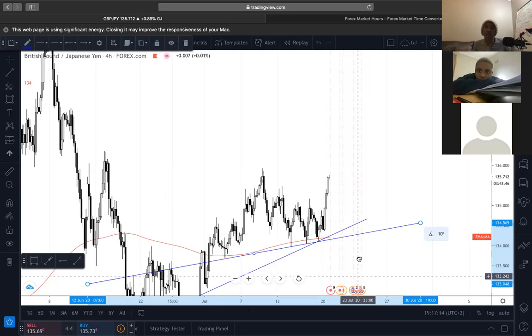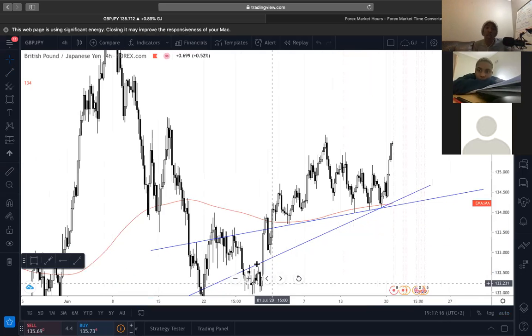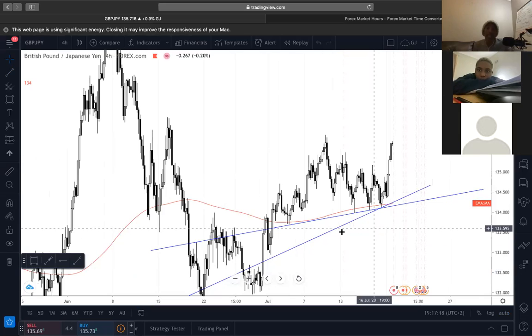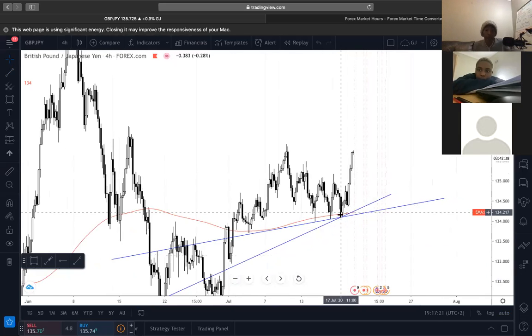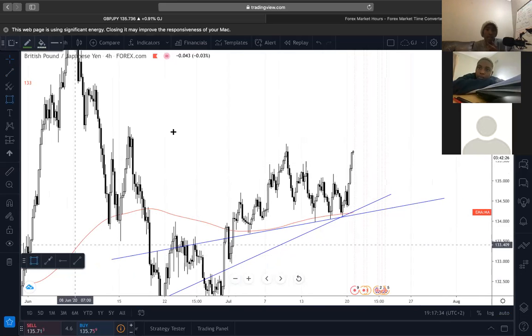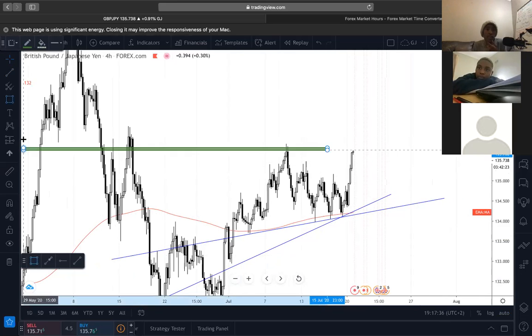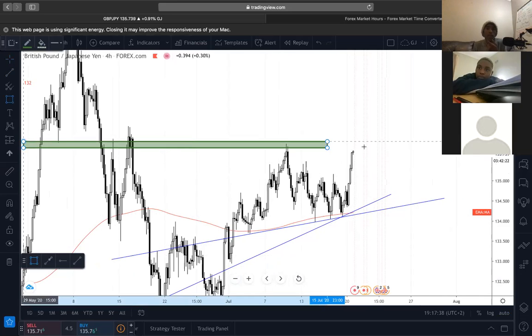If you have an intersection of a longer time frame trend line and a shorter time frame trend line, like GJ did here last week, you get big moves like this. Where is this going? You look left, a single tap rejection. You mark out that area and drag it to the left.